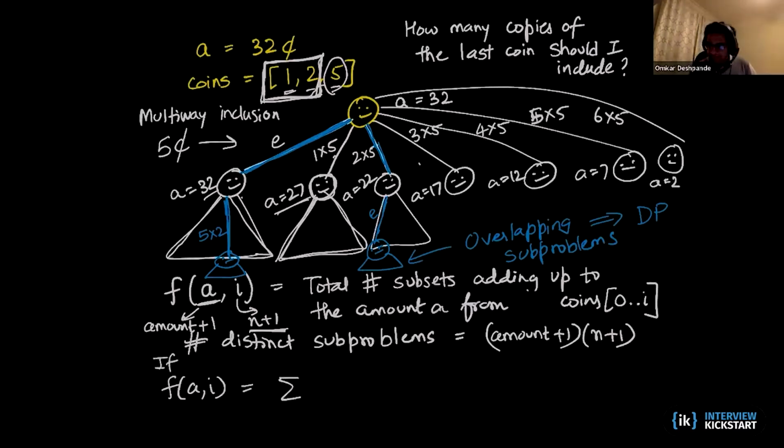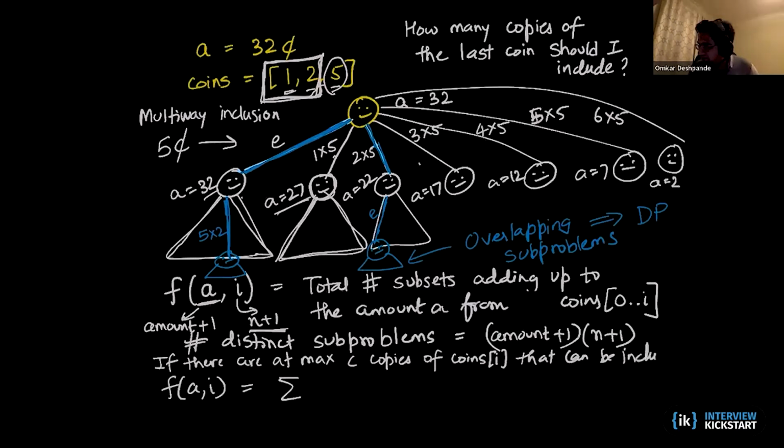If there are at max C copies of coins of I that can be included, then f of a comma I is going to be, well, first let me write it in a more expanded form.